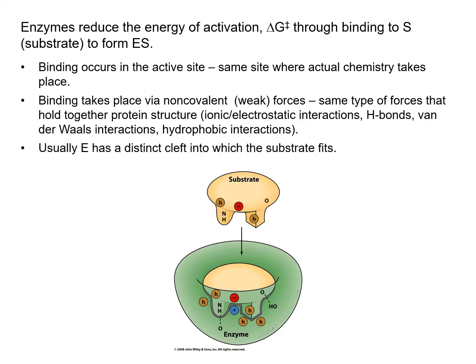And enzymes reduce the free energy of activation, delta G double dagger, through binding to substrate, or S, to form the ES complex, the enzyme-substrate complex, as you can see here. Binding occurs in the active site of the enzyme, and that's the same site where the actual chemistry takes place for this catalysis.